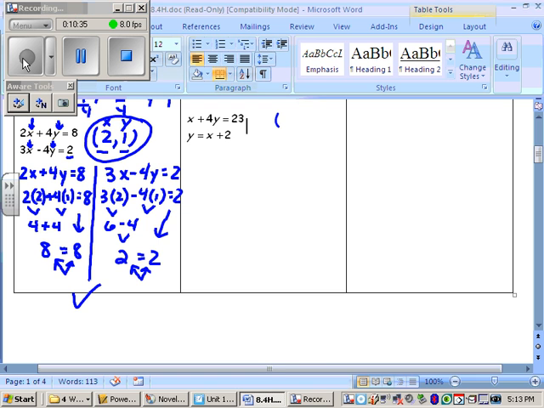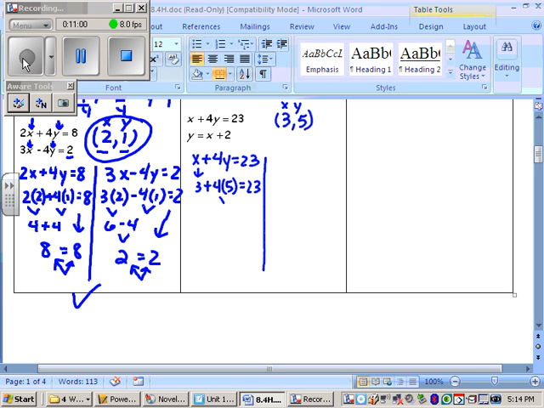Again, let's remember we want our answer to be 3, 5. So to double check, we're going to plug in those values for x and y in both equations one at a time. Our first equation, x plus 4y equals 23. We will replace the x with 3 and the y with 5.